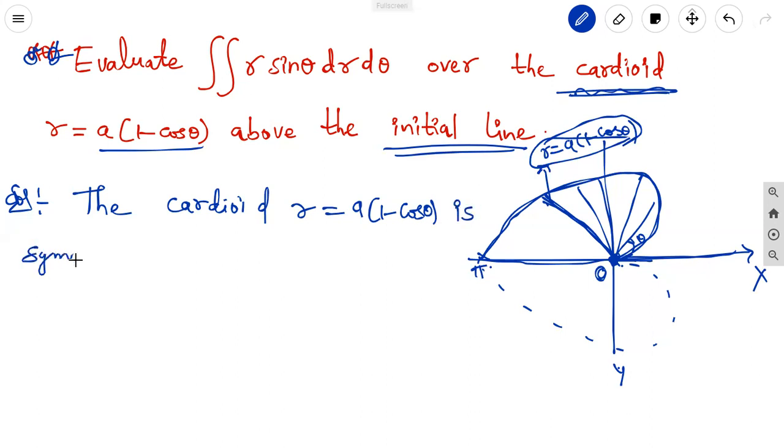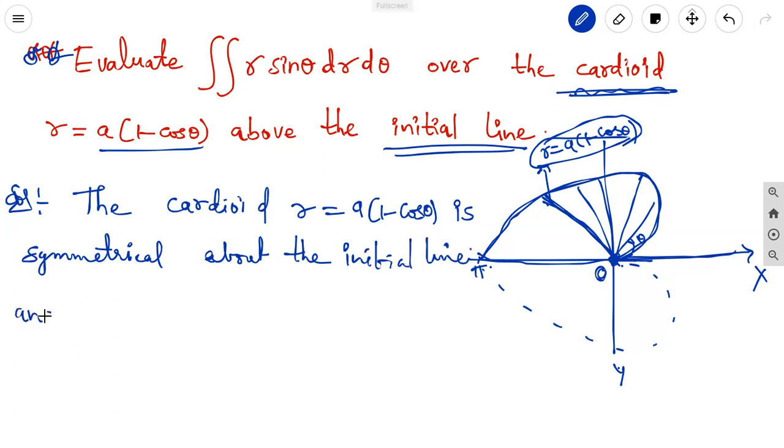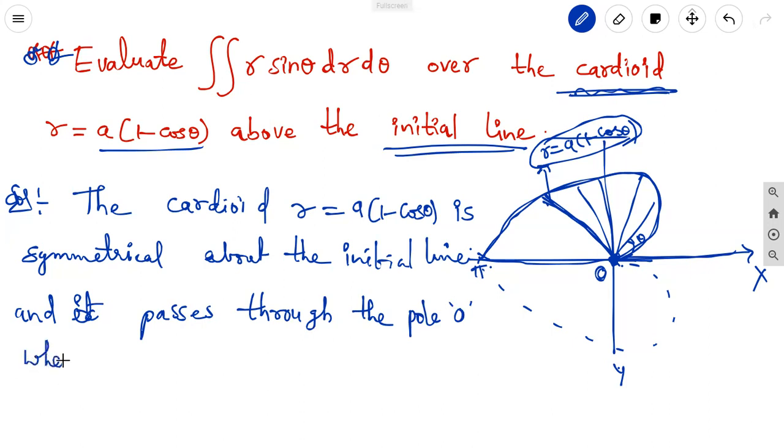This is symmetrical about the initial line. What is the initial line? The x-axis is the initial line. And this r passes through the pole O when θ equal to 0. Okay.